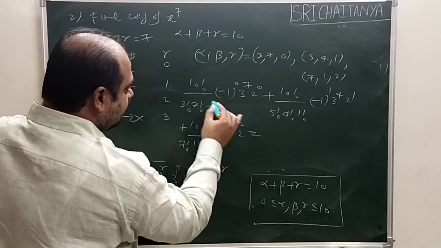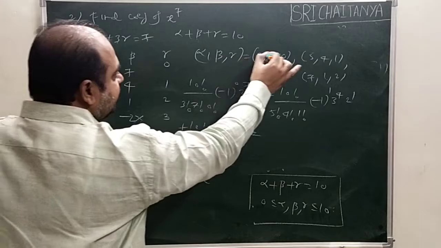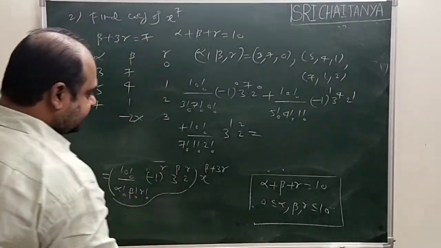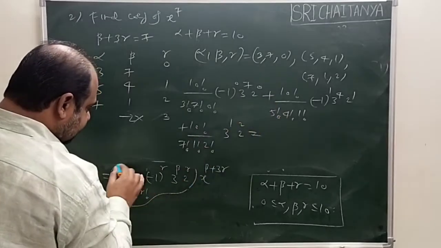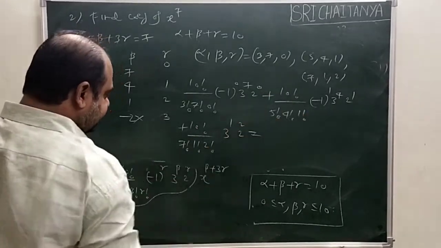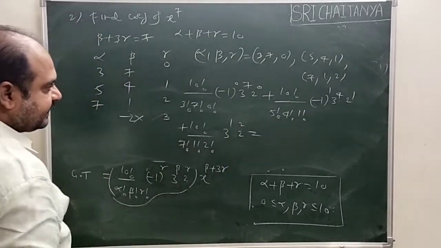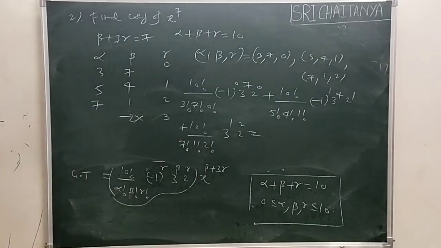This is the coefficient. That means if three triplets are there, you substitute one triplet, you will get one coefficient, plus another triplet, you will get another coefficient. So if you sum all these things, you will get the value. That is the required one.